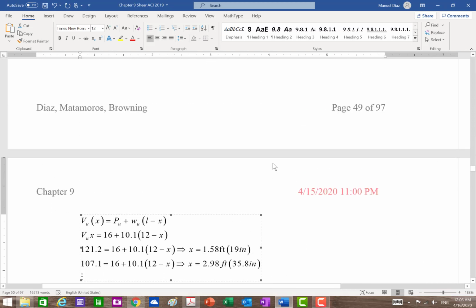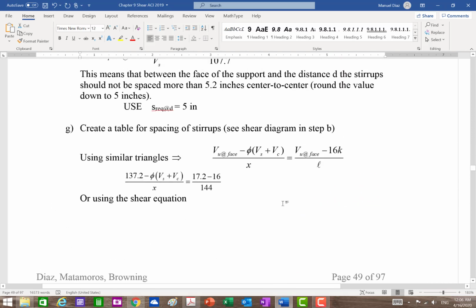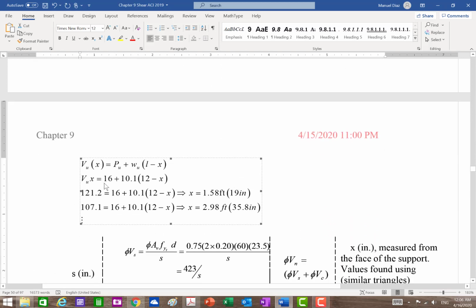Yeah, there's the X doing proportions. So you can use your proportion using similar triangles, or you can use your formulas for shear, right? And here the formula includes the Pu value, okay? And so it tells you what the value of the shear is.